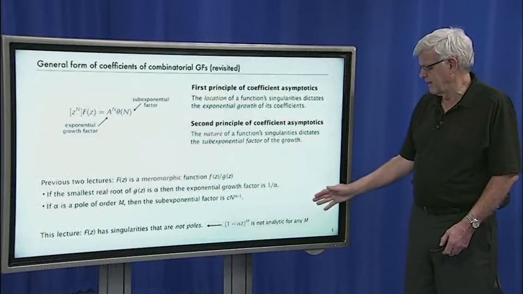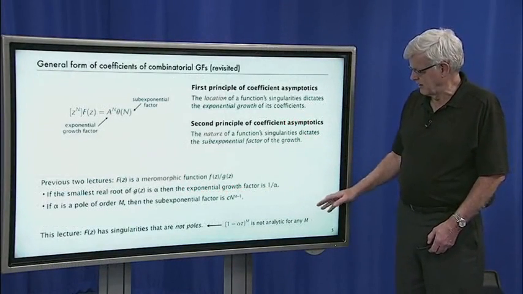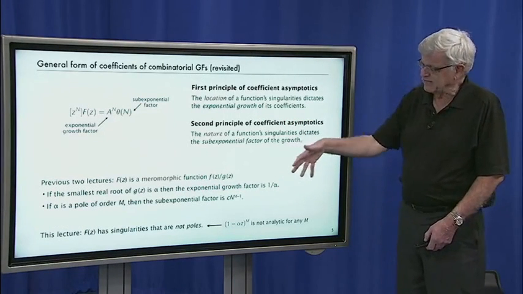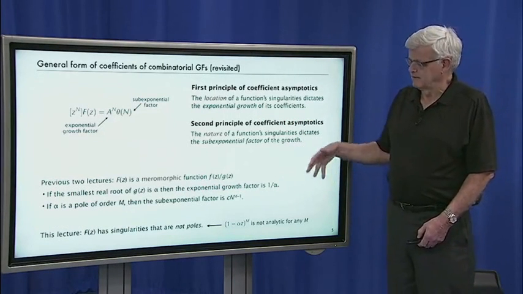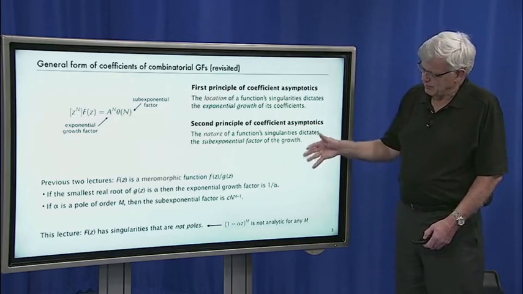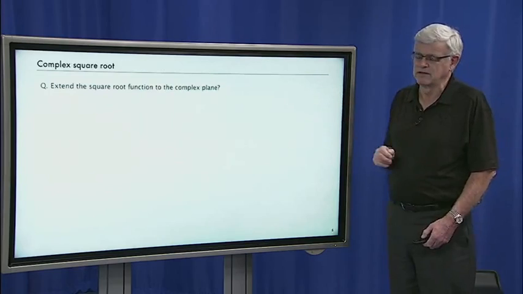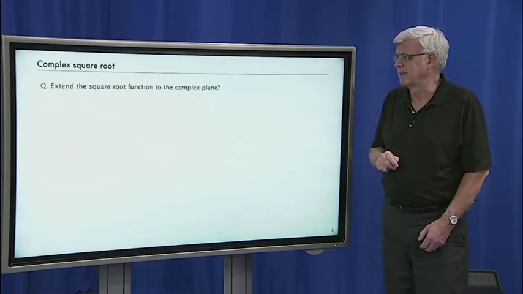And in the end, what it means is that you can't multiply by (1 - az)^m and get something that's analytic. And you can go back and look at the series representation to try to check that. And we'll look right now at such a function.